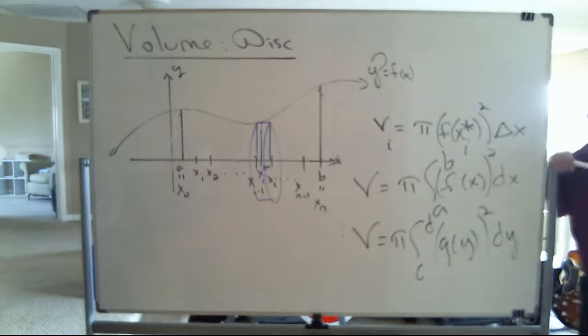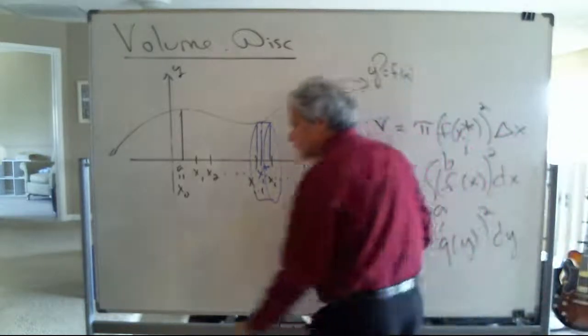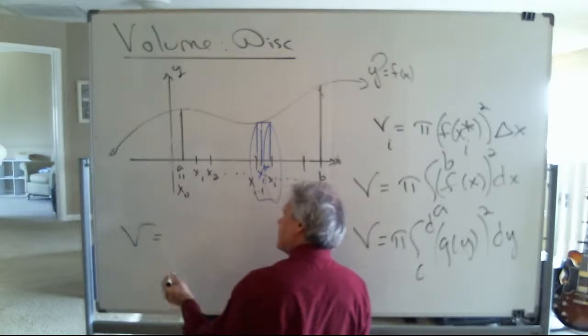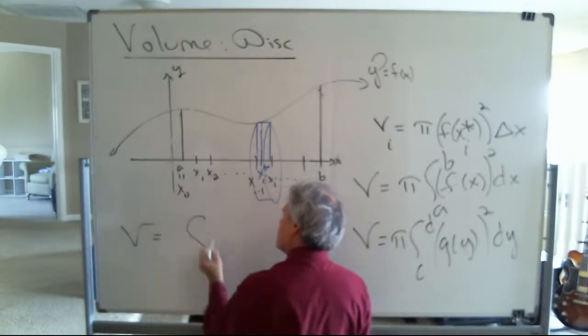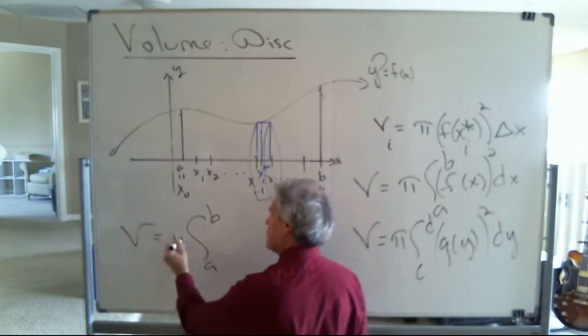Now, if you don't mind me saying, I'm just too lazy to remember all this, so I'll be honest with you. I simply think of the volume, in the end, using this new technique called the disk method, as an integral from a to b, with a factor of pi in the integrand, which I'll pull out.